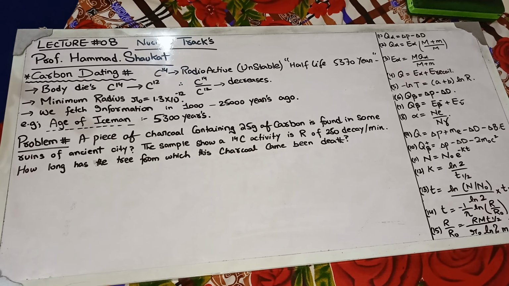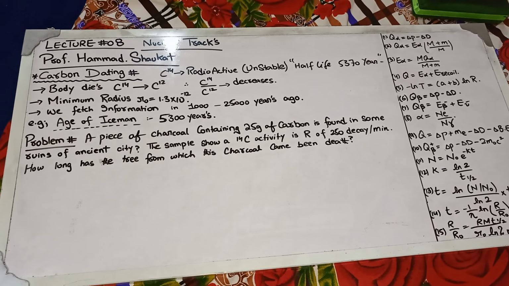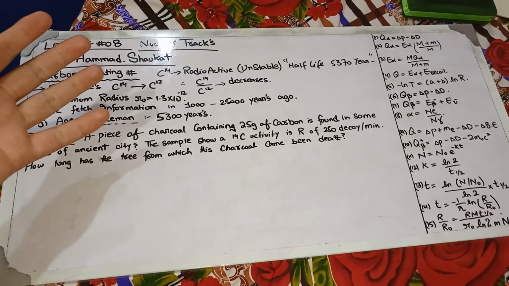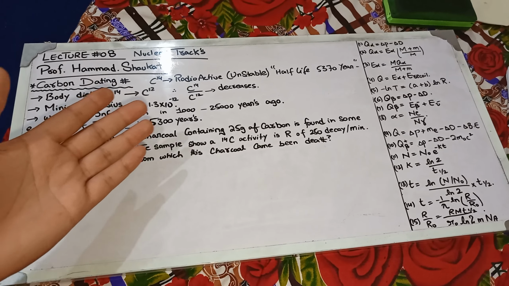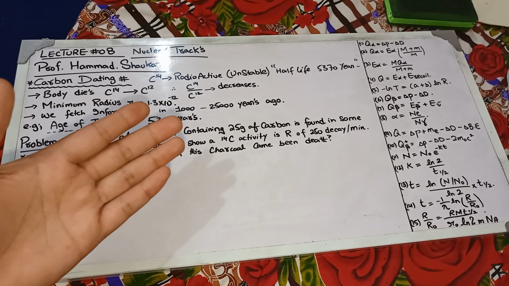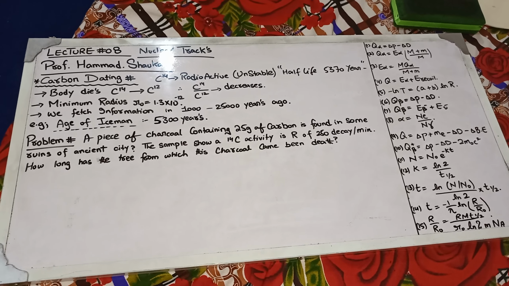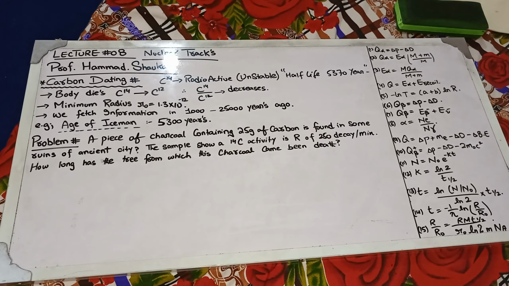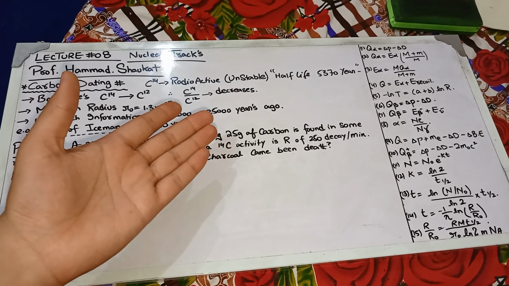Okay, and we can fetch information nearly thousands and up to 25,000 years ago. So we can find the age of any specimen if that specimen is either 1000 or less than 25,000 years old.